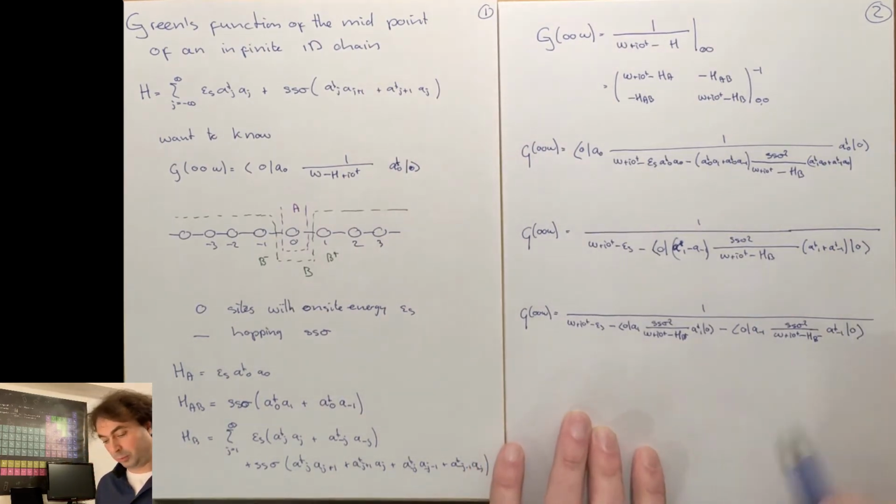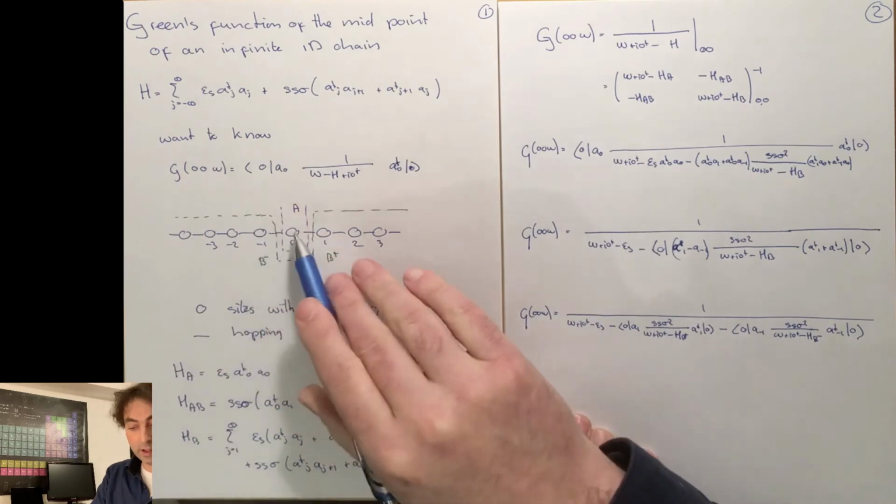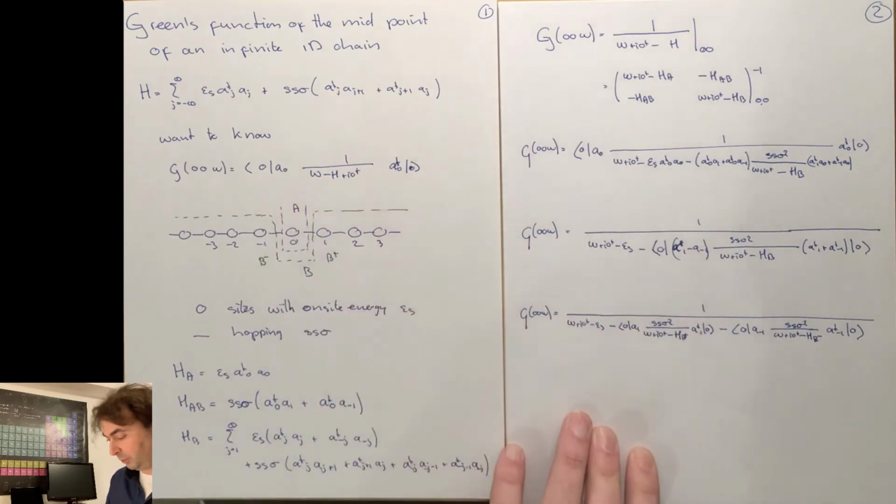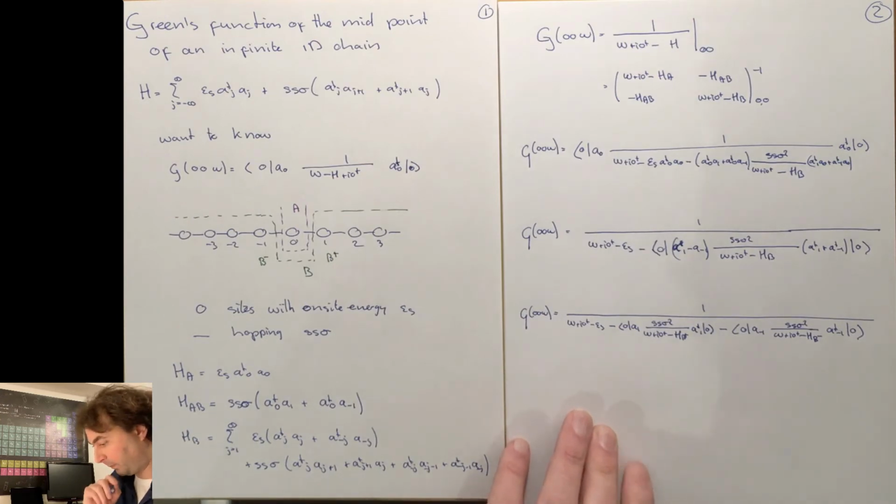You either hop to the negative sites and then you have to hop back from the negative sites, or you hop to the positive sites and then you have to hop back from the positive sites.